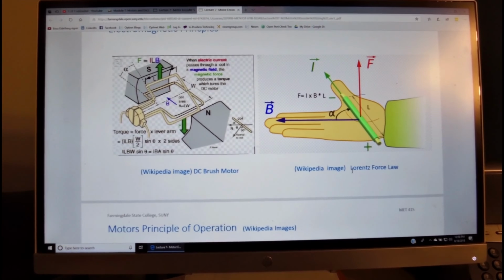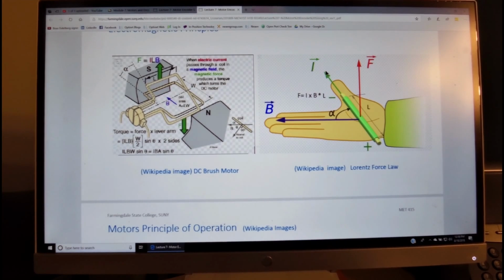The very basic principle of motor operation is the so-called Lorentz force law. We have various variables over here. One is a magnetic flux, B, and it can be generated by induction or by a magnet, a rare earth magnet or a regular magnet. There is a coil, or conductor, which is part of the coil, which conducts current, designated as I. According to the right-hand rule, the cross product of vector I and vector B, the flux, gives the direction of the force.